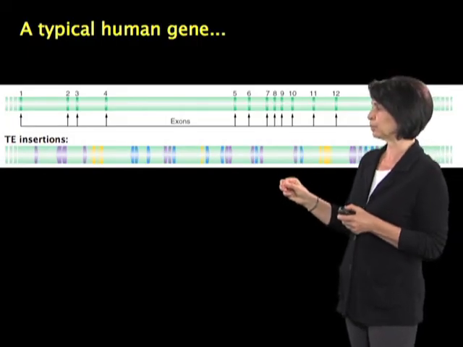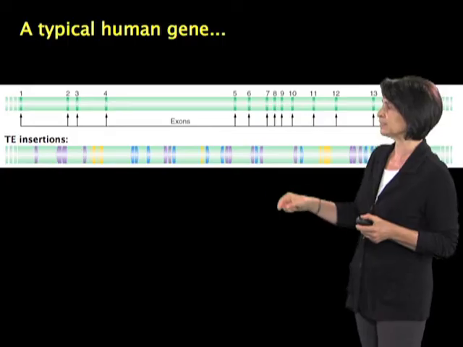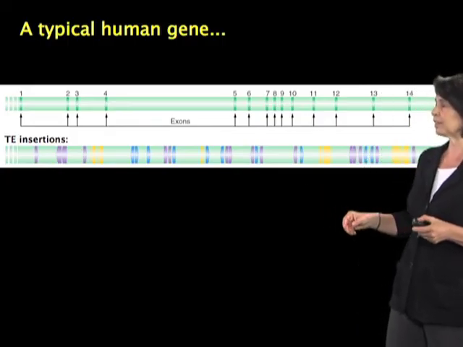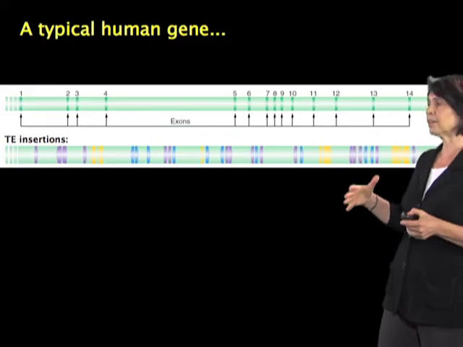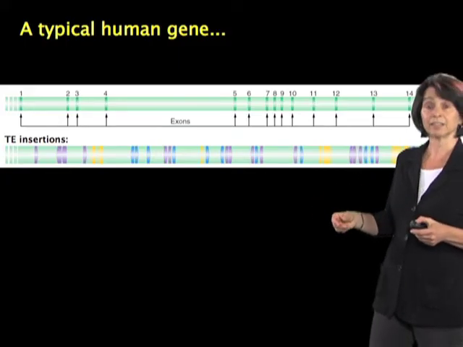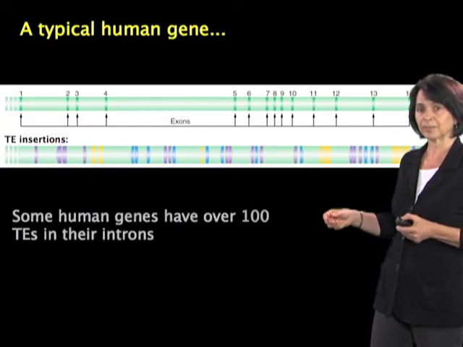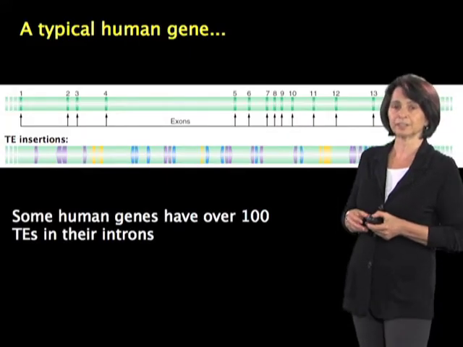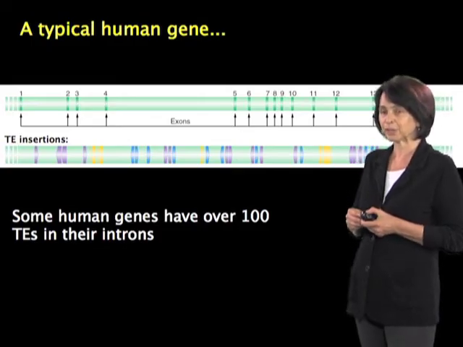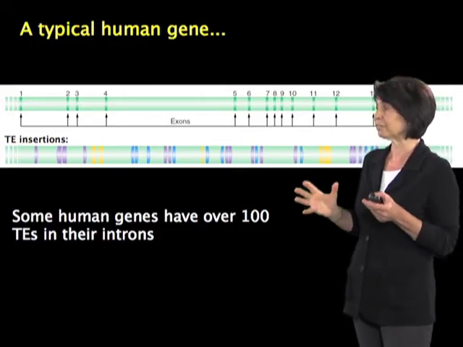This shows you all the different places that this gene has transposable elements. What you'll notice, it's kind of hard to tell in this slide, is that mostly the non-coding, non-exonic regions contain transposable elements. In fact, some human genes have over 100 transposable elements in their introns. So transposable elements are really everywhere.